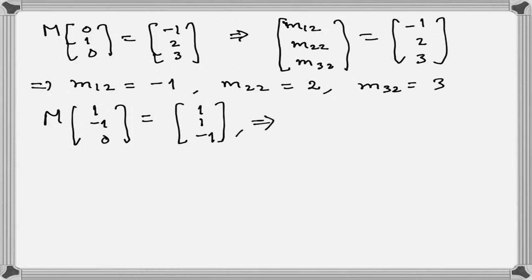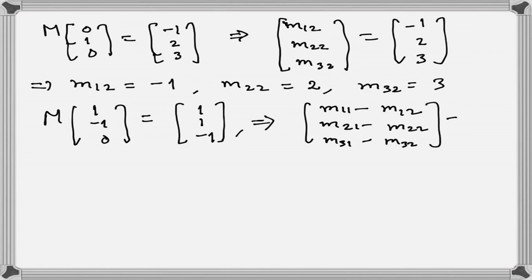This implies that if you multiply M with (1, minus 1, 0), you get M11 minus M12, M21 minus M22, M31 minus M32, which is equal to (1, 1, minus 1).